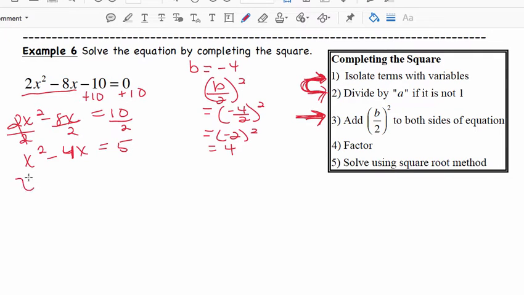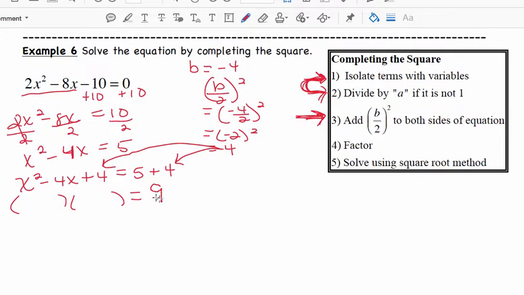And I get x squared minus 4x. I'm adding b over 2 squared, and I'm going to add it to the other side as well. So this 4 just got added on both sides of my equation. And then that makes something special happen on the left side. You now can factor your left side. The right side I'm just going to combine to get 9.